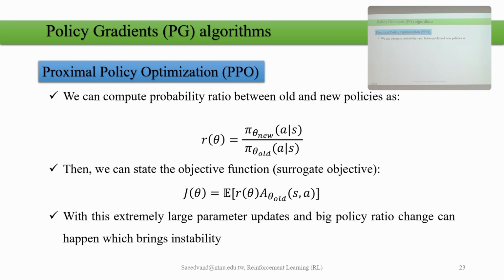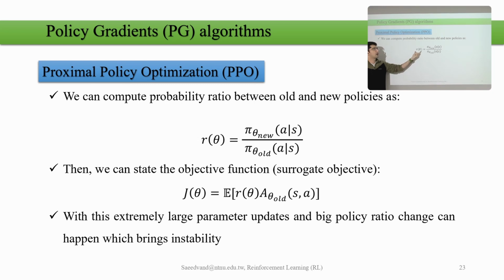So we can compute the probability ratio between the old and new policies. One step is to calculate the probability of the old and new and calculate the ratio. And the ratio can be shown as this one over here.